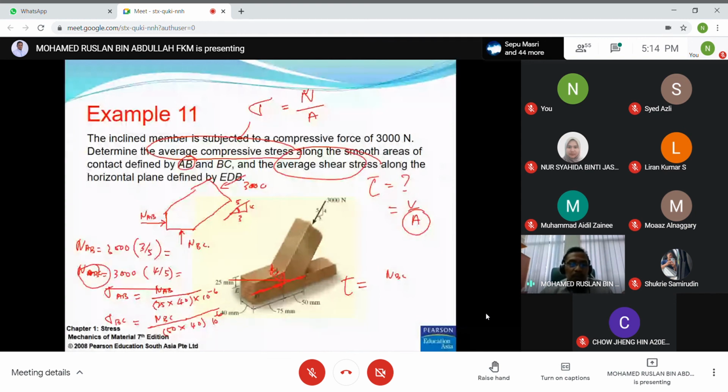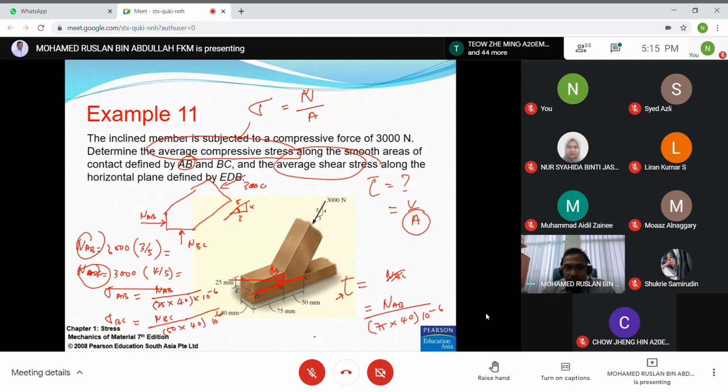So this is N along this line, NAB. The area is 75 multiplied by 40, times 10 to the minus 6. So this is the shear stress for the plane defined by EDB.